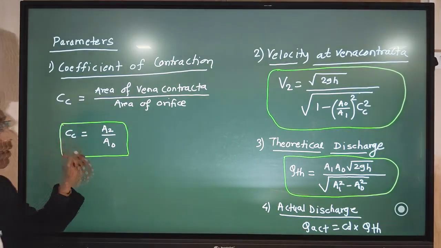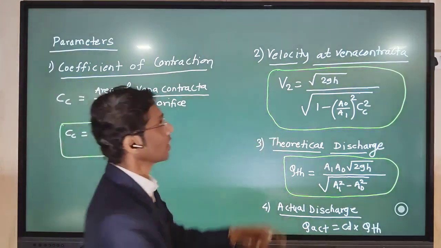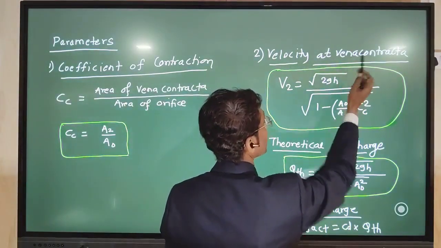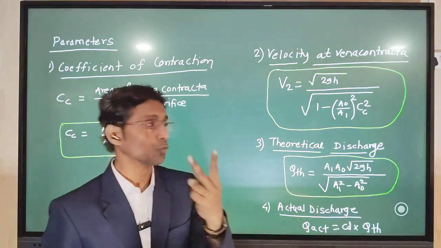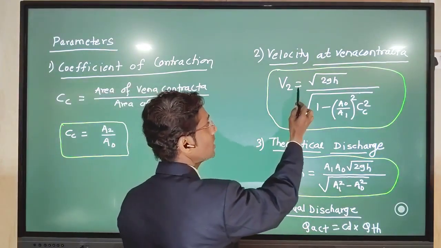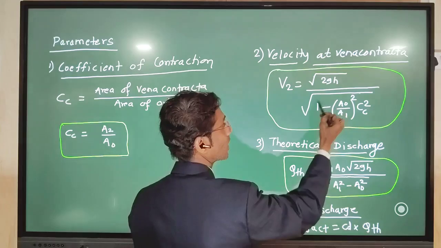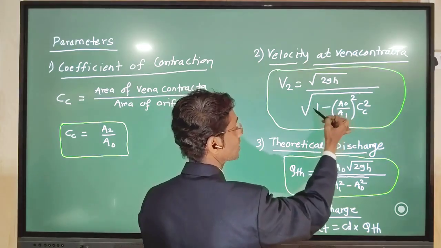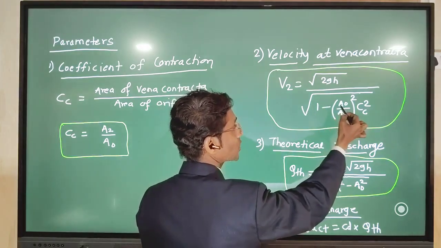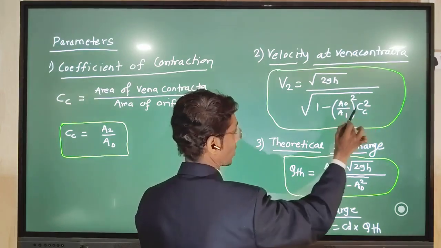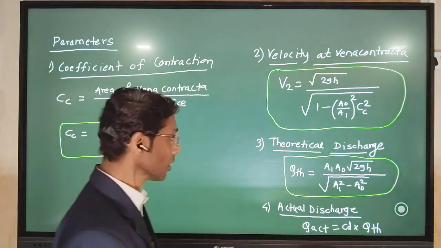This Cc parameter is used in the calculation of velocity at the vena contracta, that is at location 2. Velocity V2 is equal to the square root of 2gh divided by the square root of 1 minus (A0 by A1) squared into Cc squared.